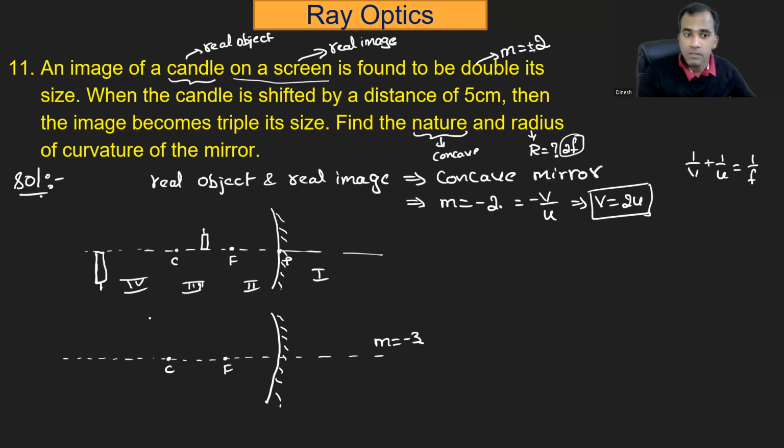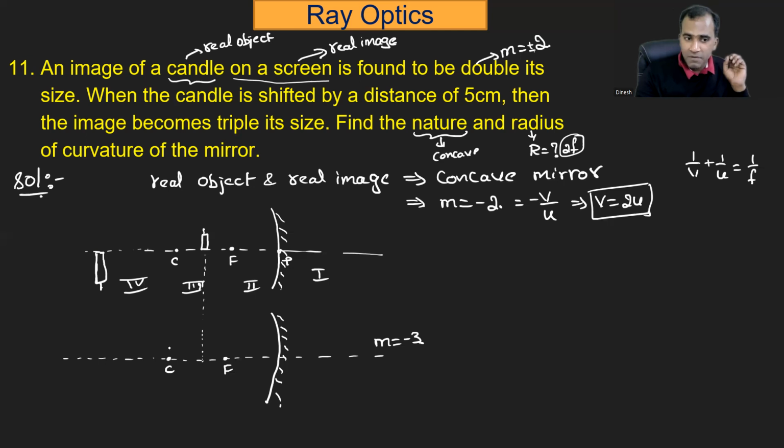Magnification should increase. So now tell me, should we move the object to the right or to the left? If you move to the left, as you go to the center of curvature, the image also comes to the center of curvature. The magnification factor will be only minus 1 when you place the object at the center of curvature.